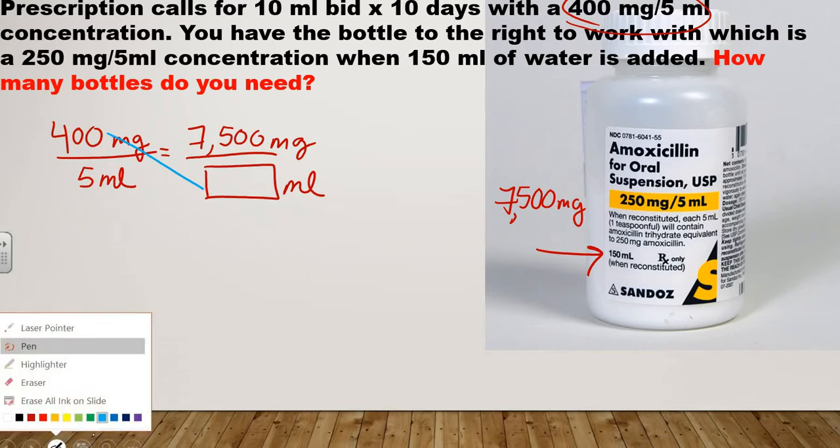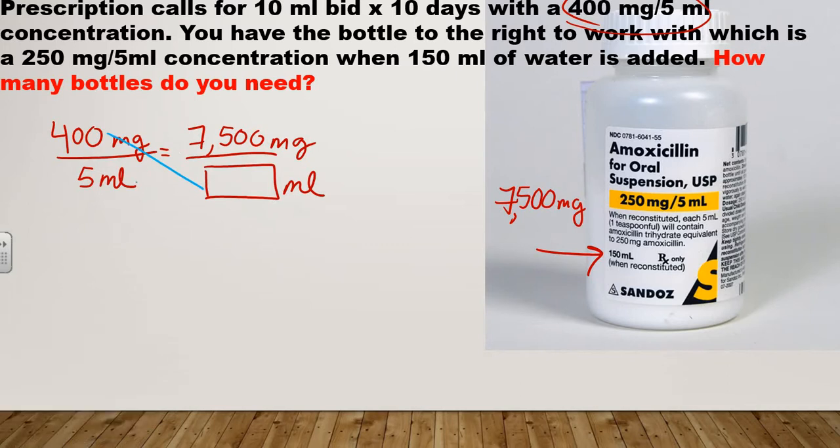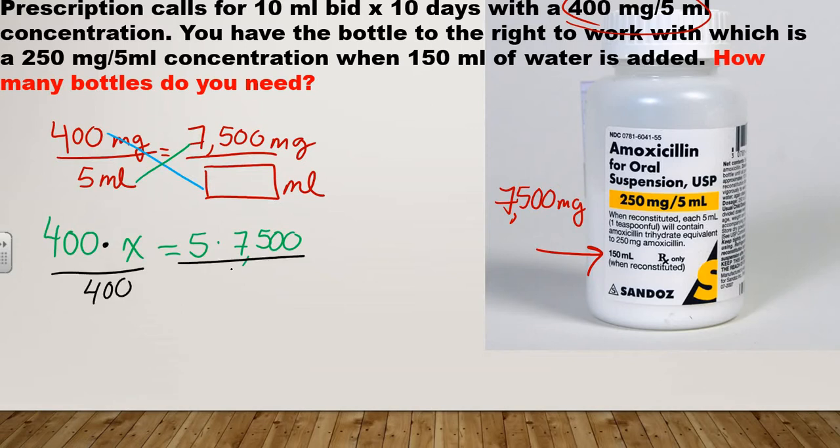And cross multiply. So I'm going to ignore the labels just for now. 400 times X equals 5 times 7,500. Your goal is to get X by itself. The opposite of timesing is dividing.